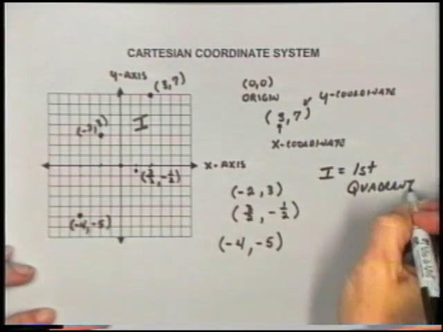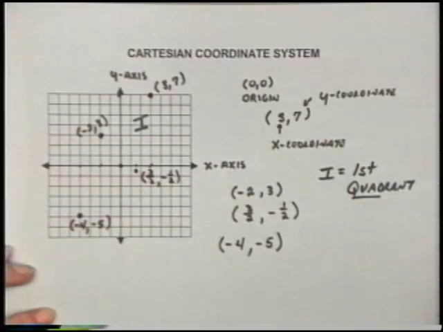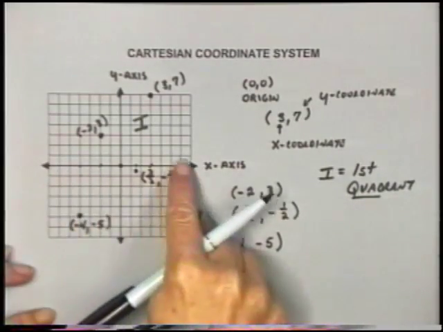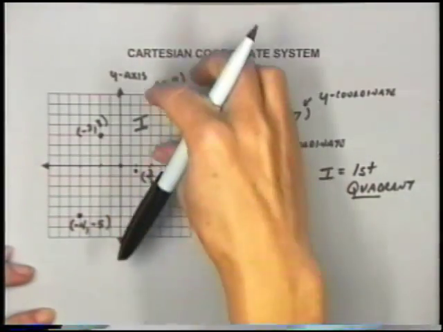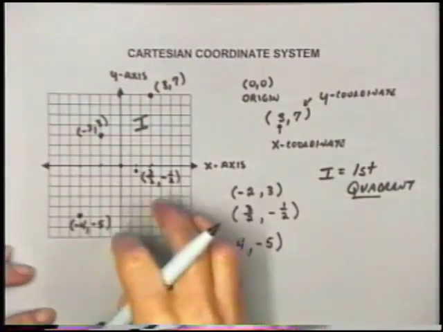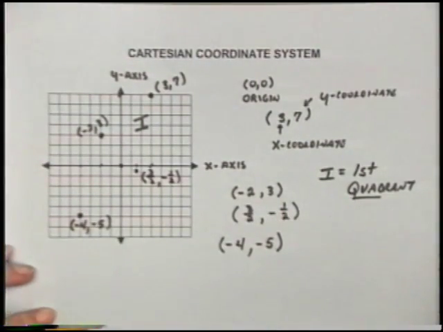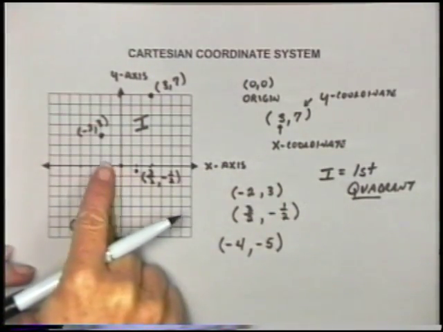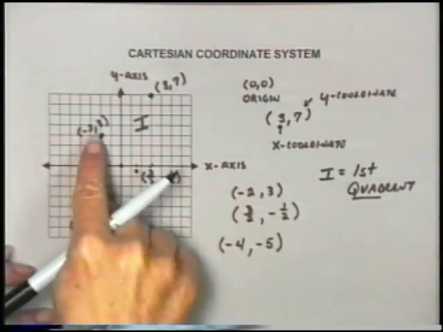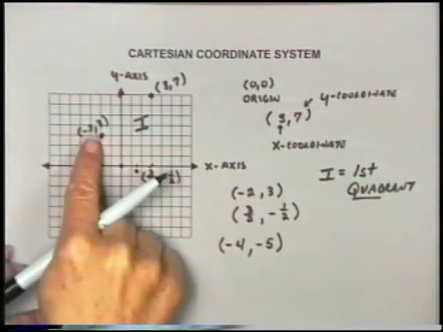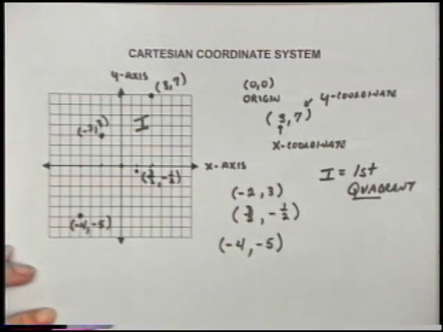Of course, the word quadrant has in it that idea of quad or 4. You'll notice that our two axes, when they intersect, kind of divide our coordinate system into 4 parts here. If we move to this section over here, notice that this point right here has a negative x-coordinate and a positive y-coordinate.